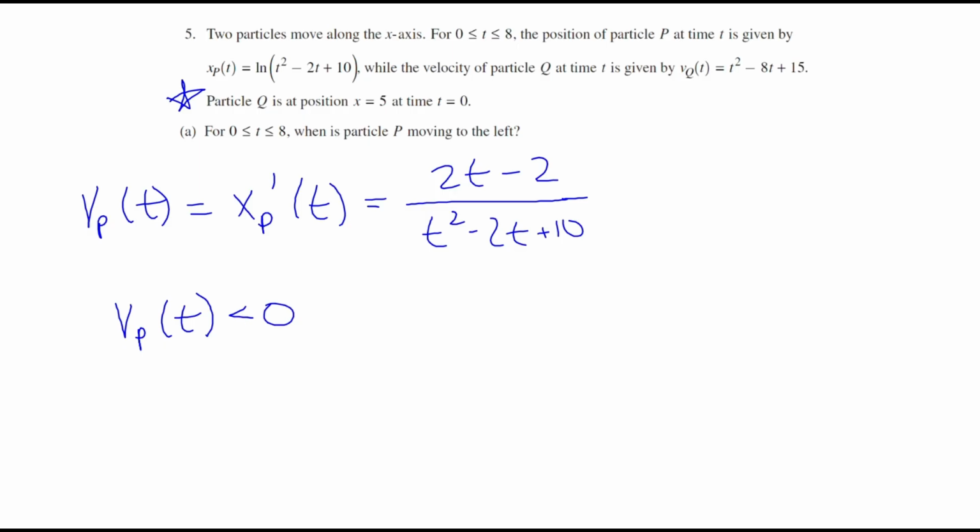And we have to figure out the intervals. Well, this thing can change signs, go from positive to negative, whenever it's equal to 0, or potentially when it's undefined, but it wouldn't make sense for us to have an undefined velocity.